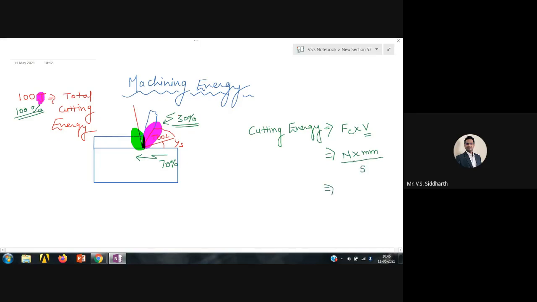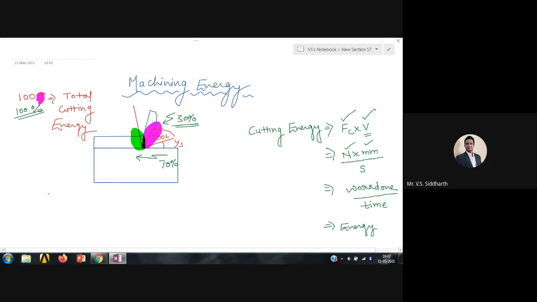Newton into mm, that is force into displacement, is the work done, divided by second, which is nothing but time. So basically you are getting the unit of energy. That's why the formula for cutting energy is Fc into V, that is the cutting force multiplied by cutting velocity.